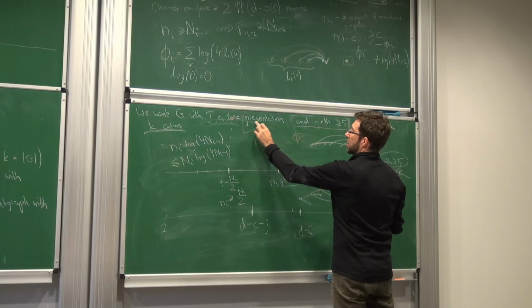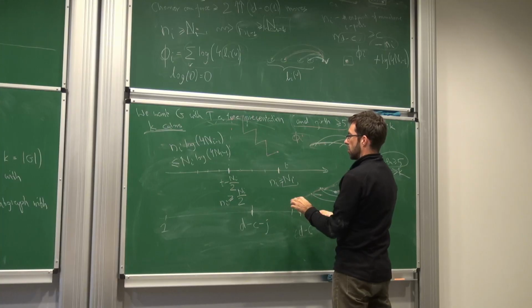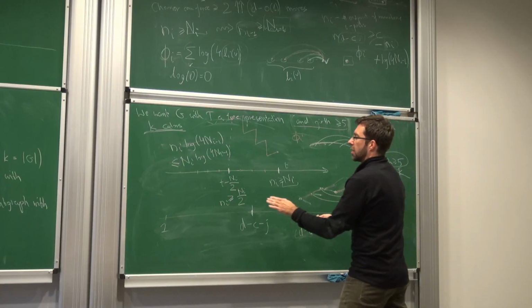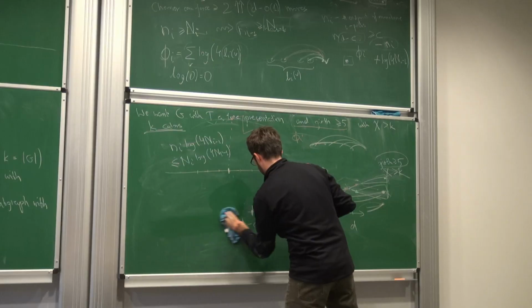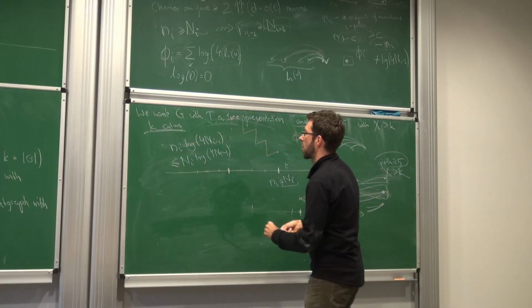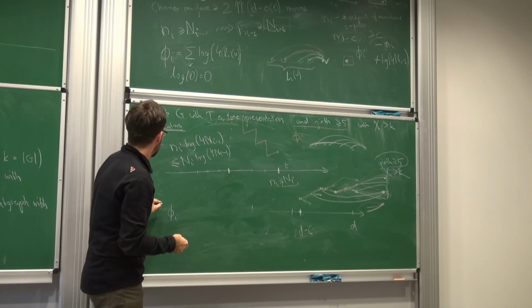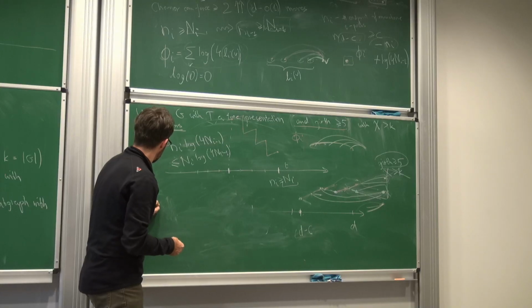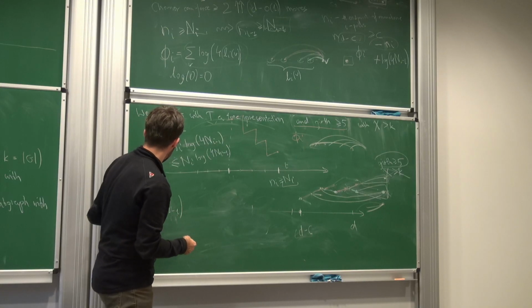So the value of phi_i here is at most N_i times log of N_{i-1}.